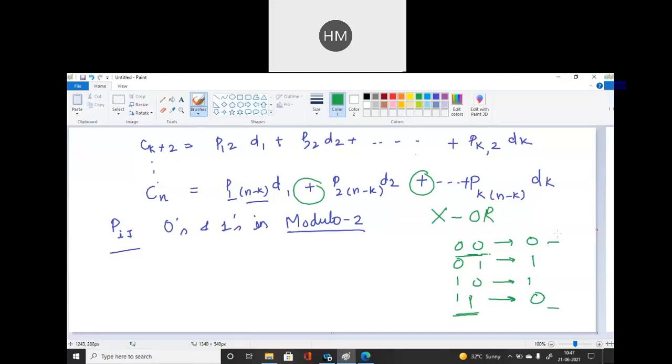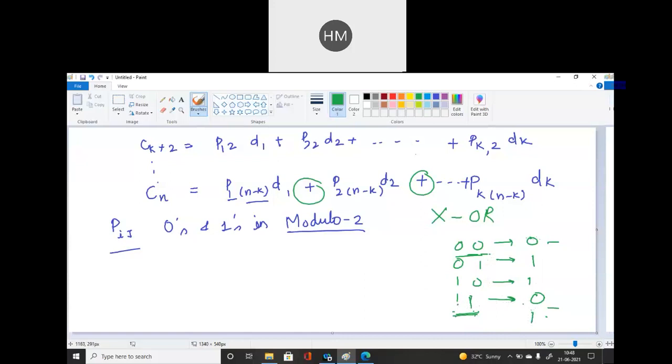Otherwise, in ANDing, we multiply. In ORing, we add. ठीक है, तो 1 plus 1, 1 और 1 क्या होता है students? तो फिर XOR और OR में क्या डिफरेंस है? 1 ORing 1 is 1. 1 plus 1 is 0 in XORing. ठीक है, XORing 1 1 is 0.